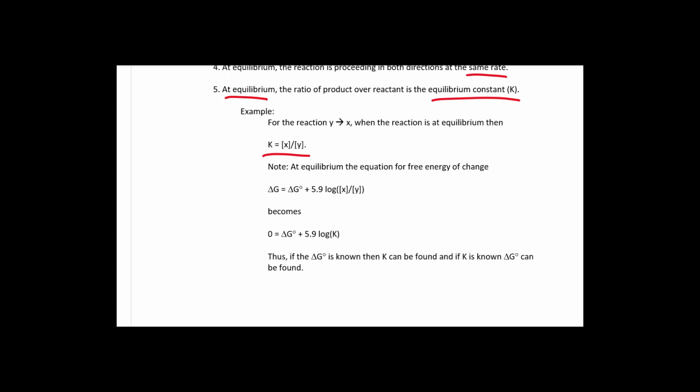Note, at equilibrium, the equation for free energy change becomes the following. So here's our equation that we're starting out with, but at equilibrium, delta G equals 0. And we're plugging that in here.